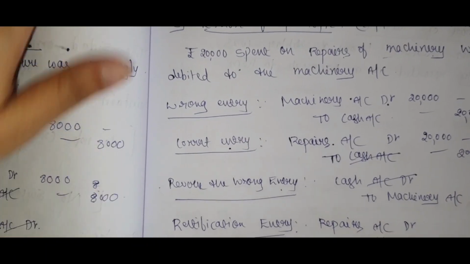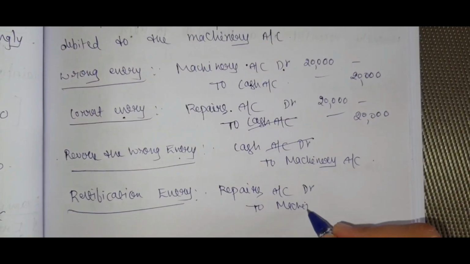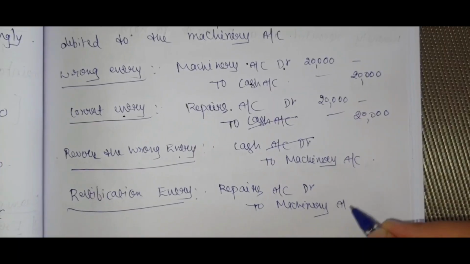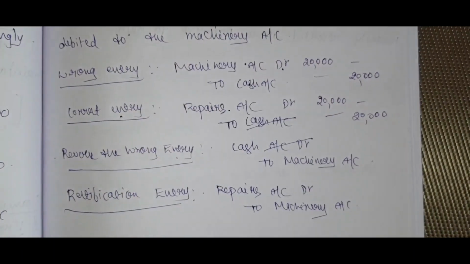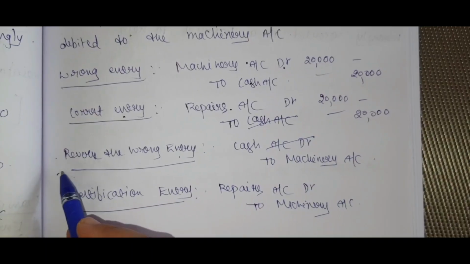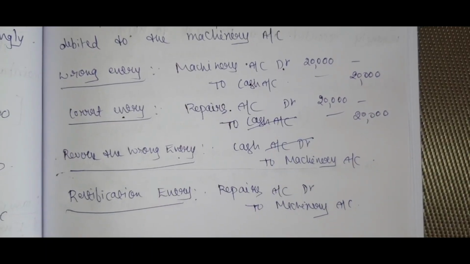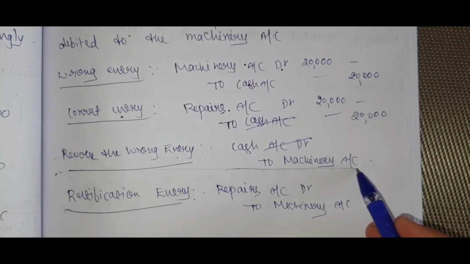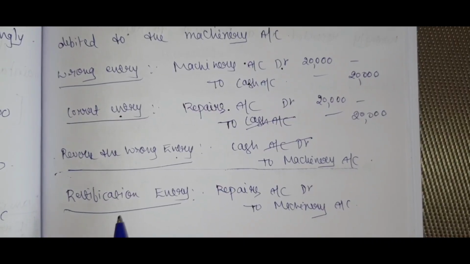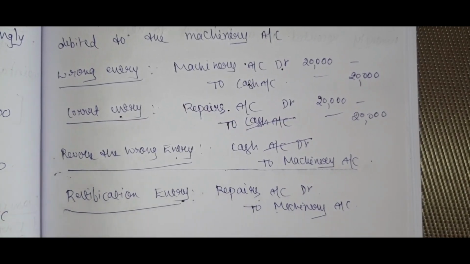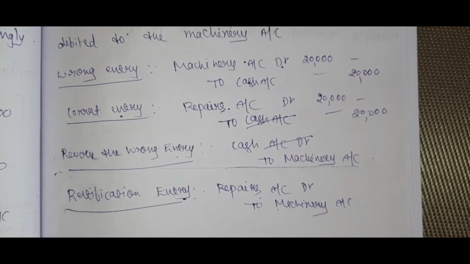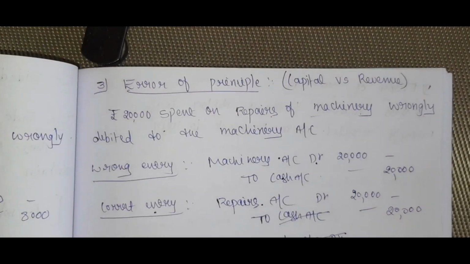We need to credit the machinery account and debit the repairs account. This is the meaning of this transaction. Till here we do the rough work, and in the solution we write down this entry, that is repairs account debtor to machinery account. I hope this example is clear to you all.